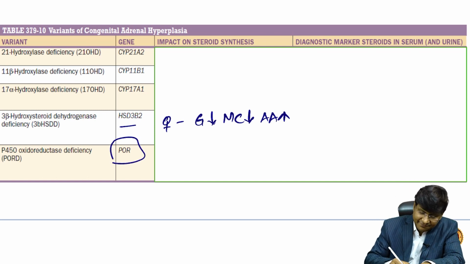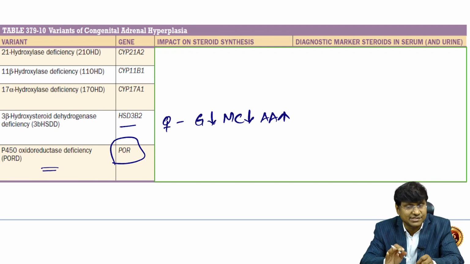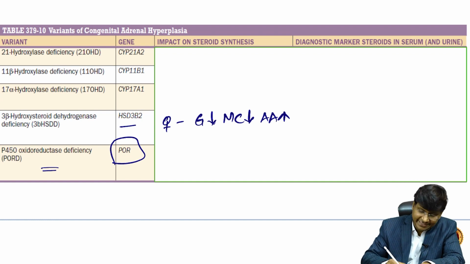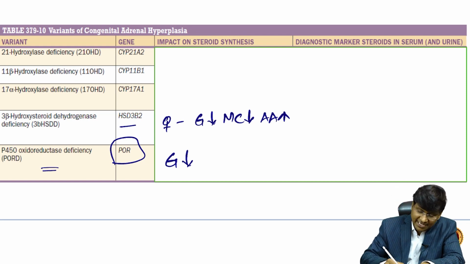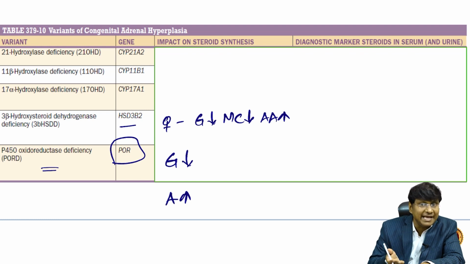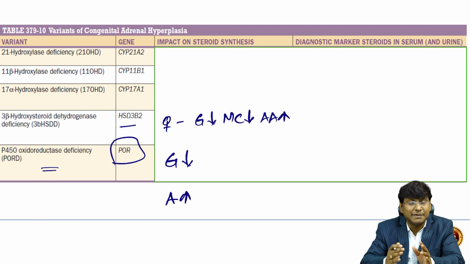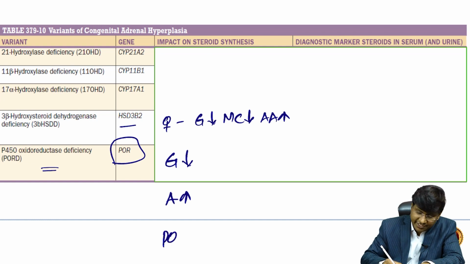Then if there is defect in this particular gene, that is POR, that is P450 oxidoreductase deficiency, in this case these individuals will have glucocorticoid deficiency, right? And they will have prenatal androgen excess, but postnatal androgen deficiency.